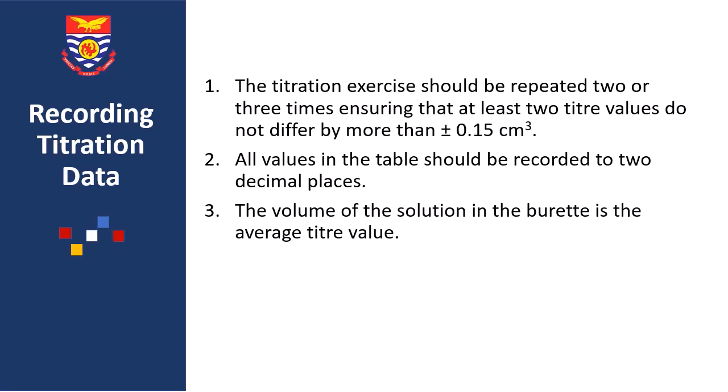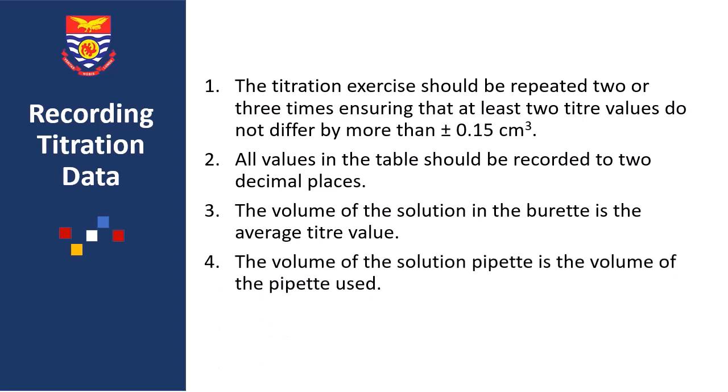So the values that you are going to record in the table are values you are reading from the burette. And after that, when you find the average titer, it means you are finding the average volume of the content of the burette used in the titration.